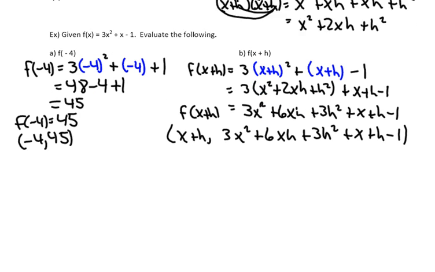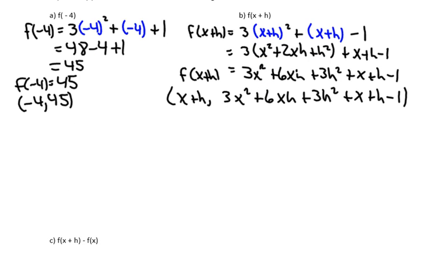Okay, so now let's scroll down to part C. We have f of x plus h minus f of x. Now, this looks complicated, but it is not. Only for the fact of we already did f of x plus h in part B. So, in blue, I will put what f of x plus h was thanks to the previous problem.